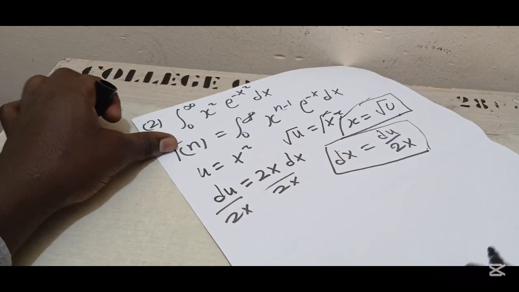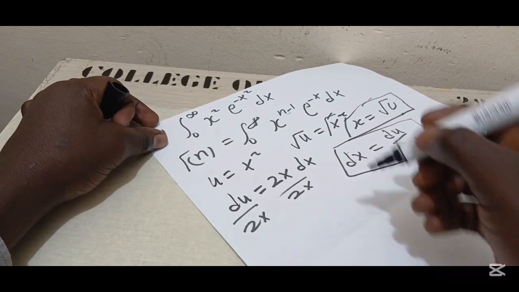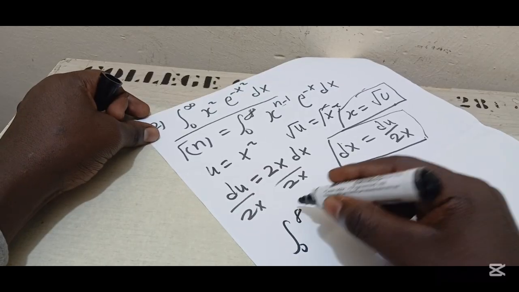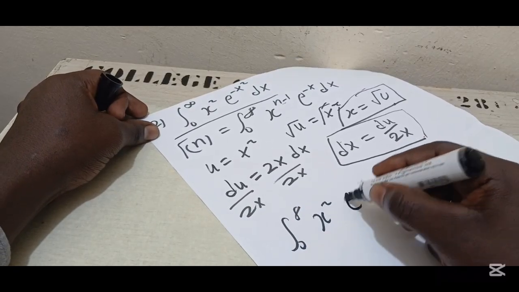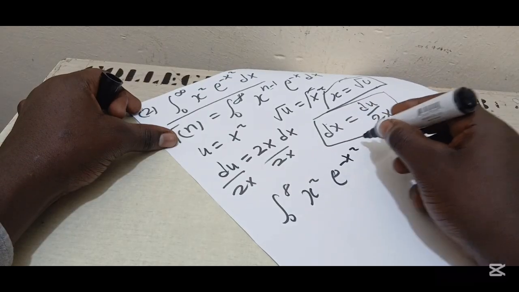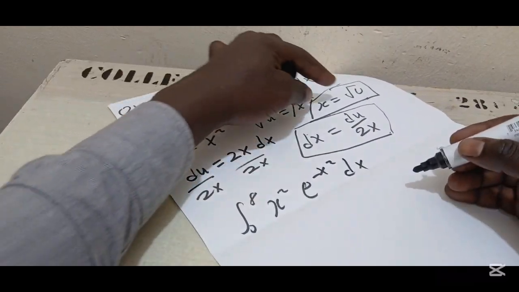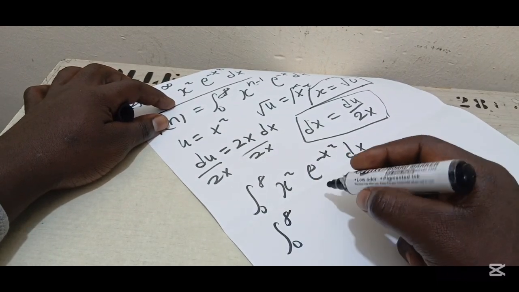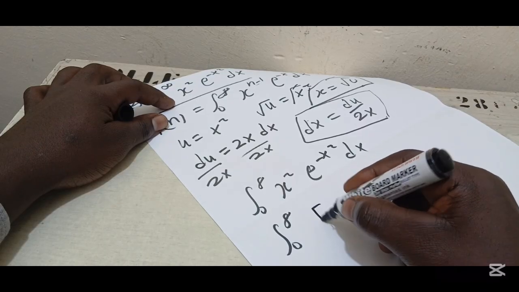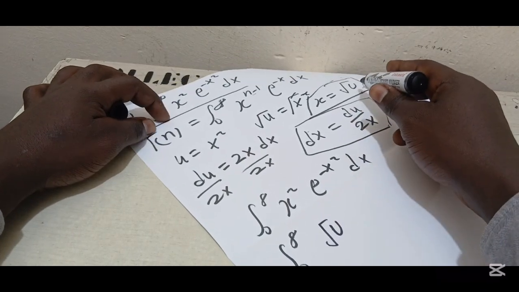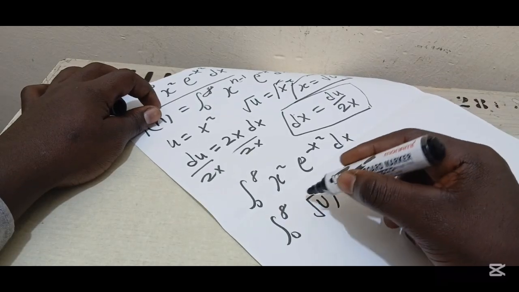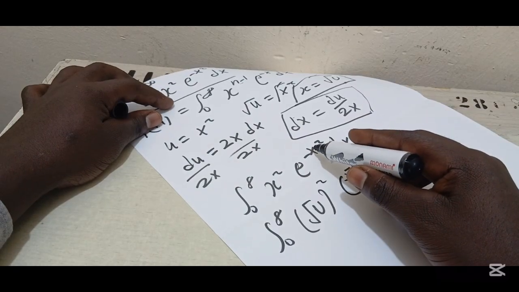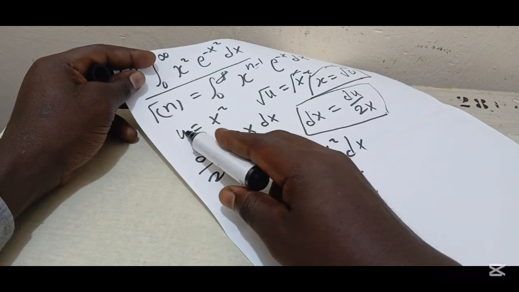So now let's do our substitution. We are substituting into this. So we have integral from 0 to infinity x squared e to the power minus x squared dx. And we know our x to be square root of u. So e to the power minus, our x is square root of u, so square root of u all squared, and then e to the minus our x squared is u.